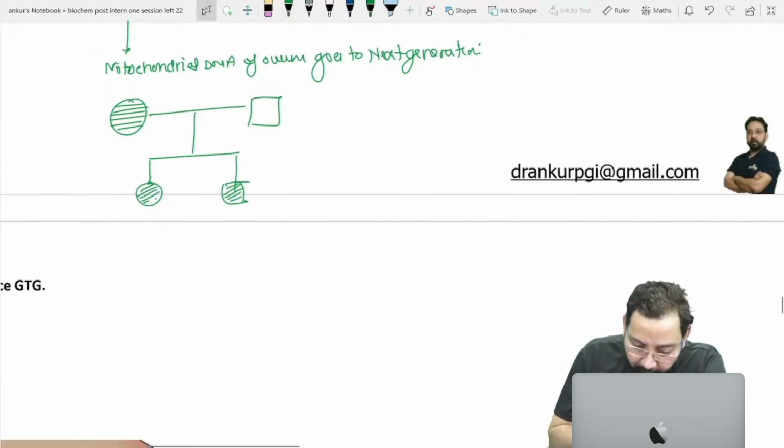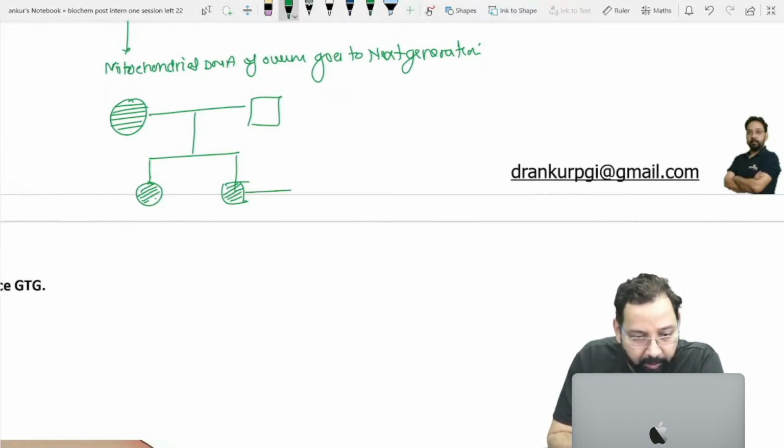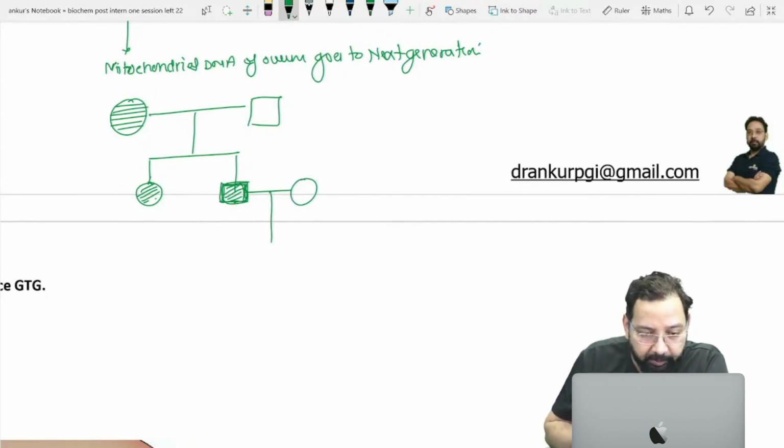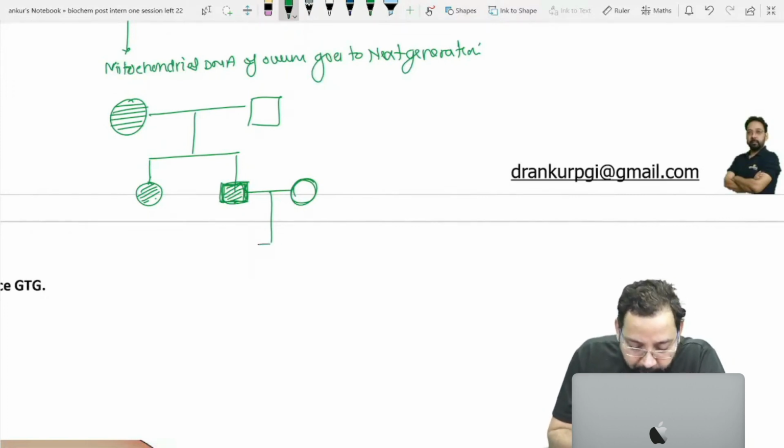If an affected male marries a female, then all children would be normal.